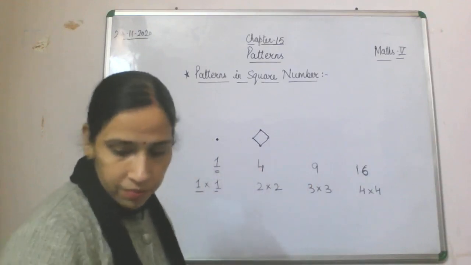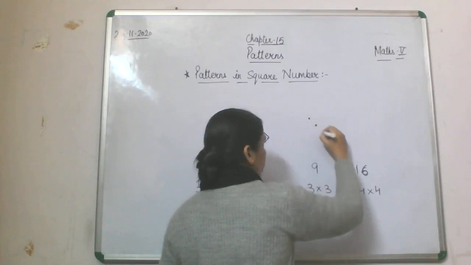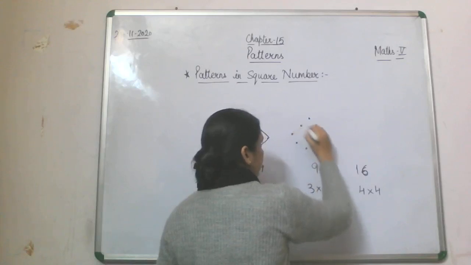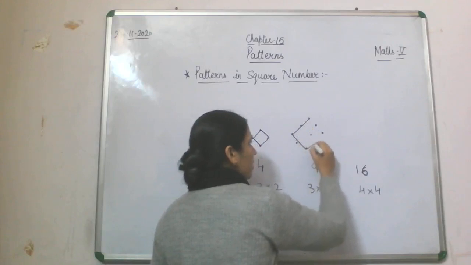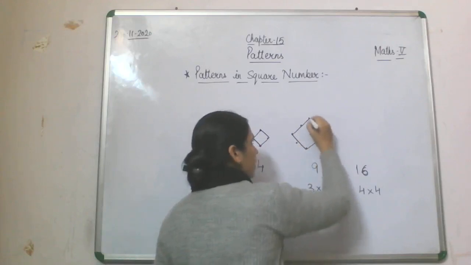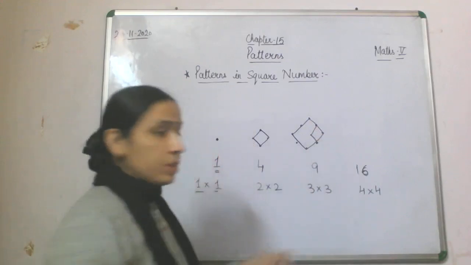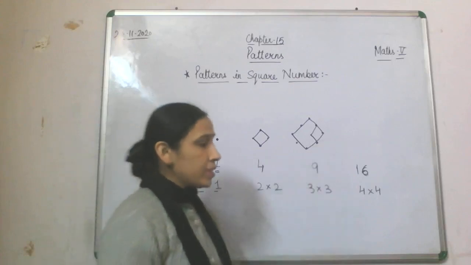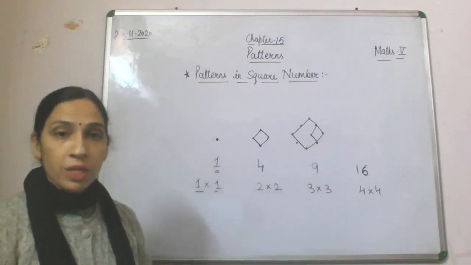See how. 1, 2, 3, 4, 5, 6, 7, 8. And 1 will be made here. So that is a figure of making 9 with this square. Similarly, we will form 16 also. And we can make another square also, which is formed in your book.